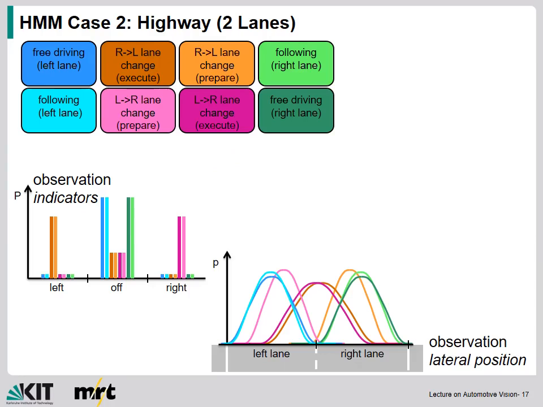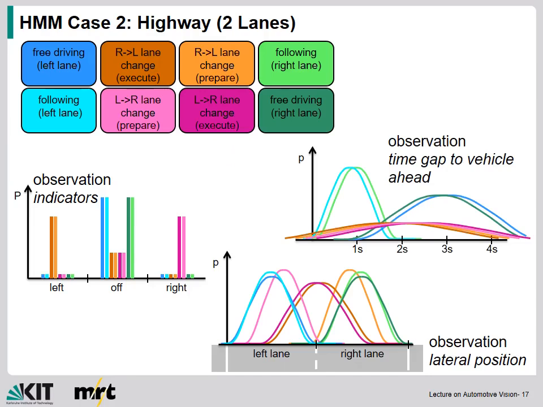We might also use a larger standard deviation to express that in this phase of a lane change, the vehicle moves from left to right, so it is not driving permanently over a certain lateral position, but there is a larger interval of values that are acceptable, that have to be expected. And like that we could go on and discuss this for each state and each observation.